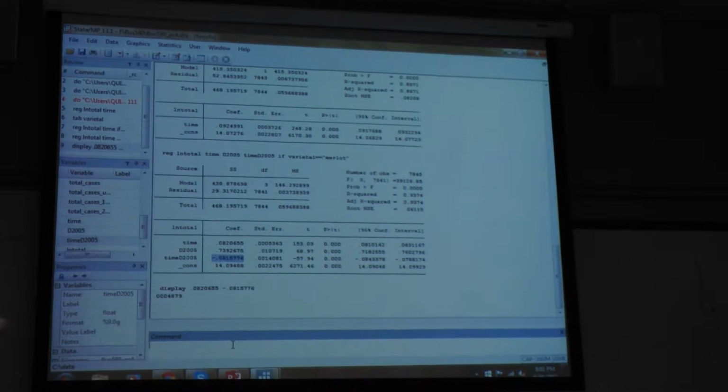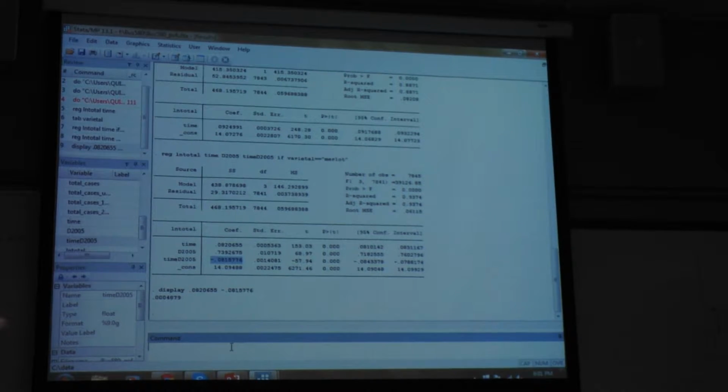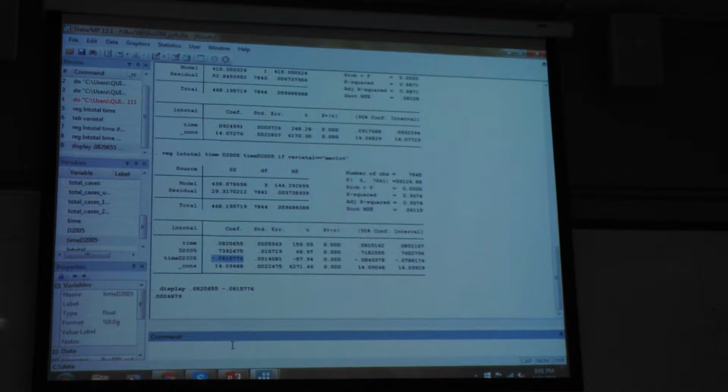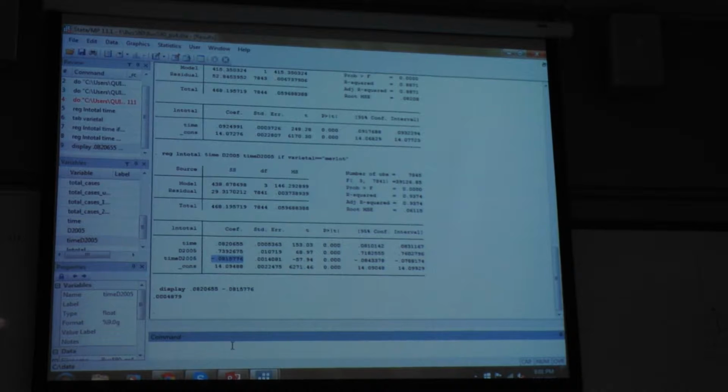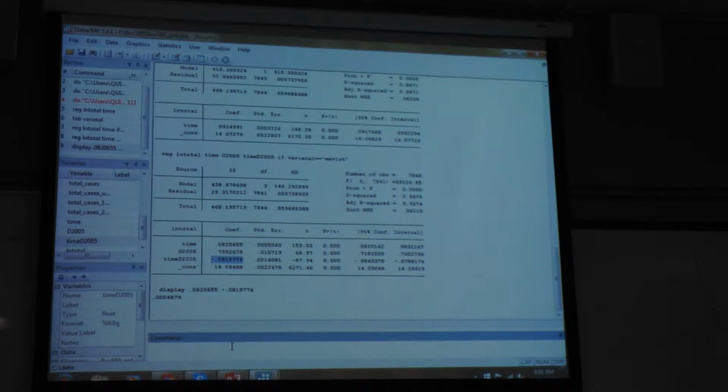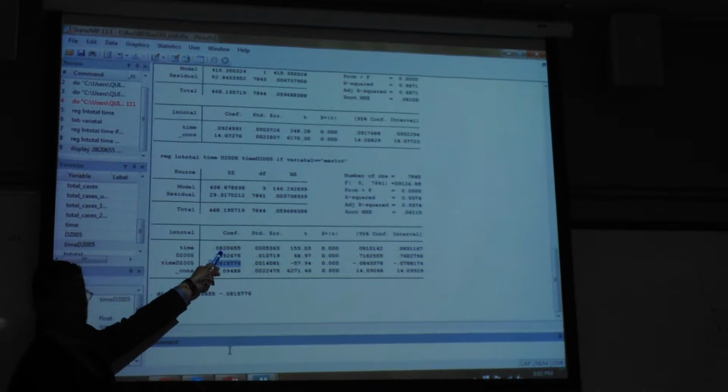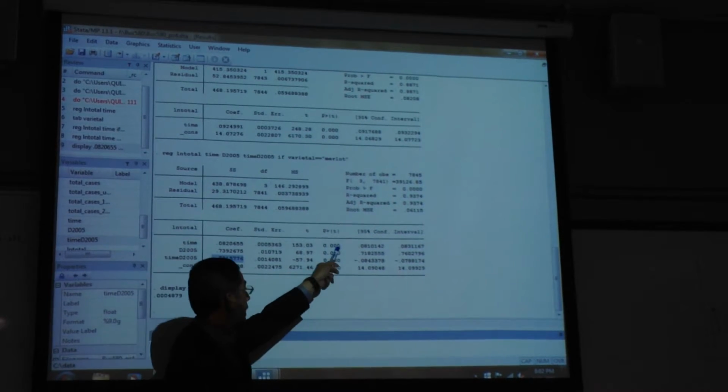So 0 is good, meaning that if the true slope of this line, and that's what this coefficient is, is 0, then what's the probability that we get a coefficient of 8%? The probability of that is 0.